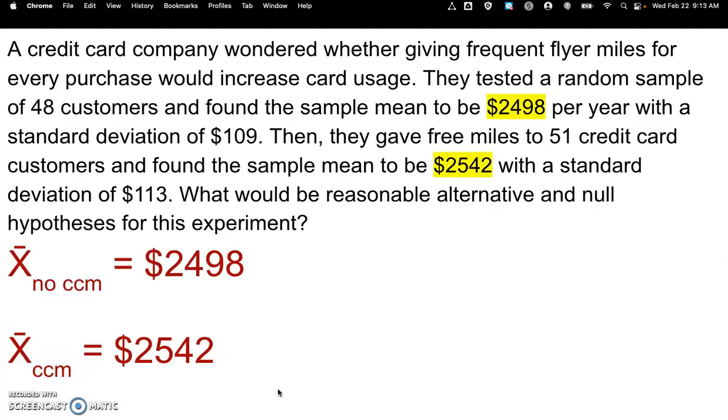Okay, so first let's take a look at our means. So with no free credit card miles, and remember this X bar means mean, so the mean with no free credit card miles was 2,498. The mean with free credit card miles was 2,542.